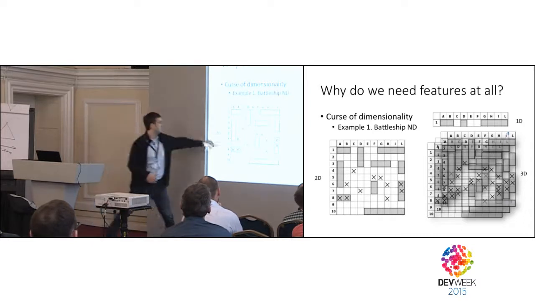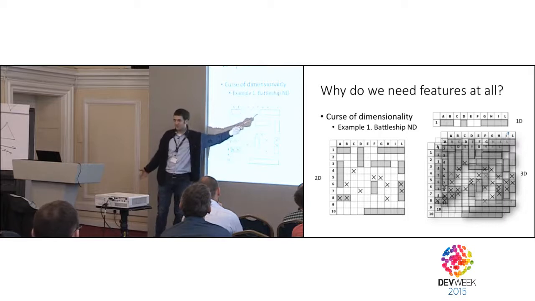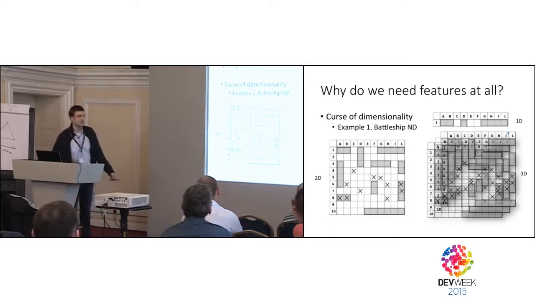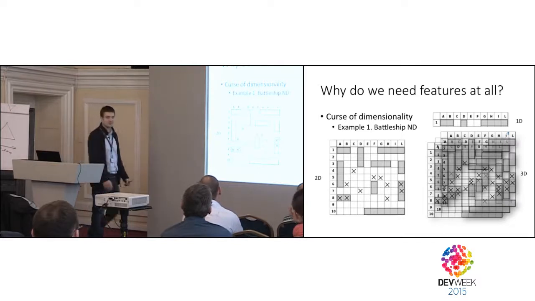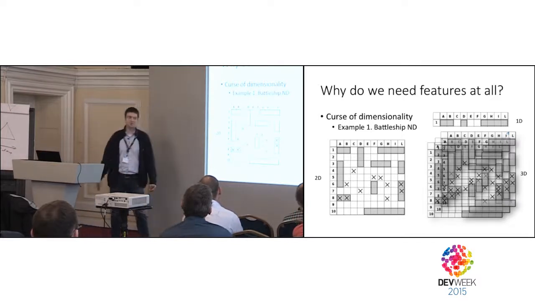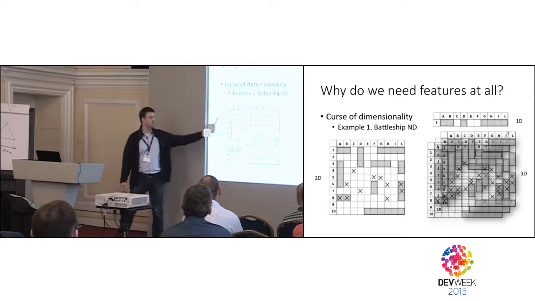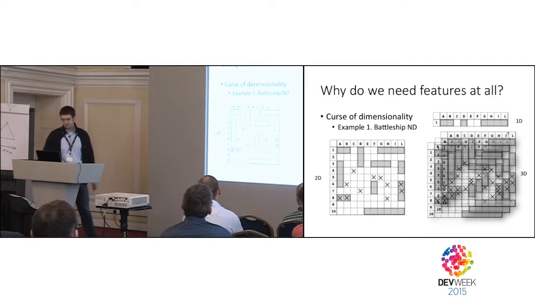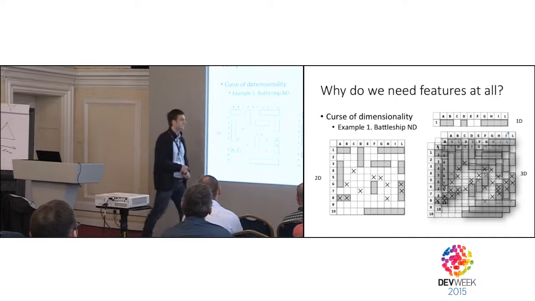If it's 10 by 10, then the maximum number of fires possible is 10 multiplied by 10, right? It's 100, but usually it never goes to 100. So it's like 50 or 60 moves that you need to make to understand the distribution of the ships in the battleship. So now imagine that we have a three-dimensional battleship.